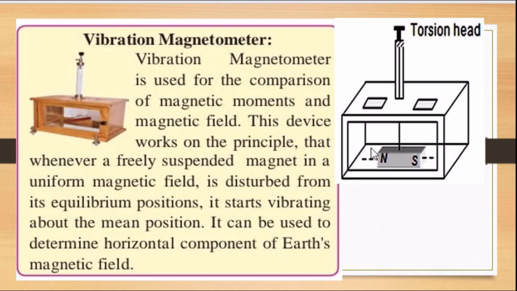As the magnet is slightly disturbed from its equilibrium position, by noting the time period we can calculate the magnetic field as well as the magnetic moment. Also, this can be used to determine the horizontal component of Earth's magnetic field, that is BH.